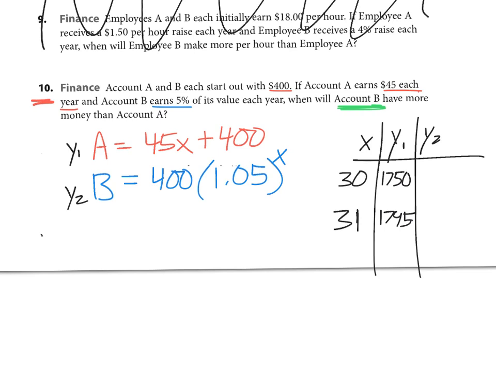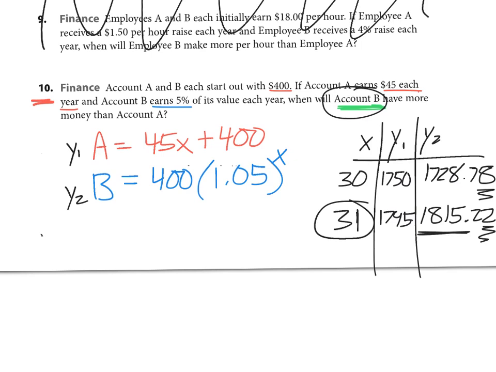And Y2 at 30 was 1728, and you can put your cursor on it to read the whole number, and at 31 it's 1815.22 if you round. So here's the place where it changes over. It wants to know when account B will have more, and that would be in 31 years.